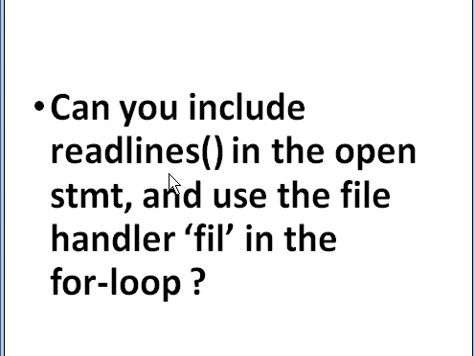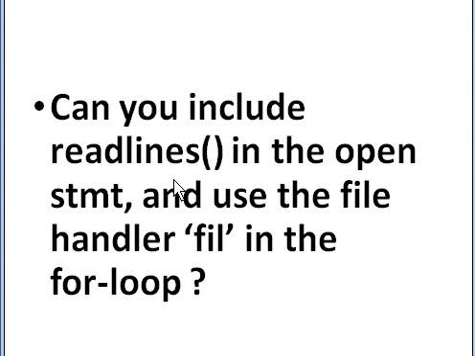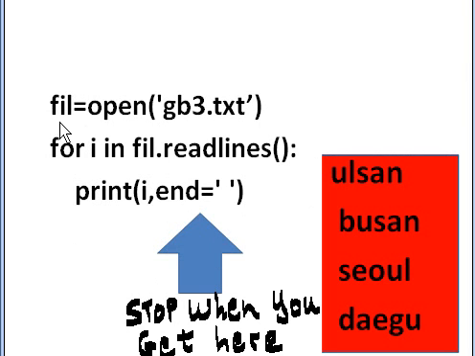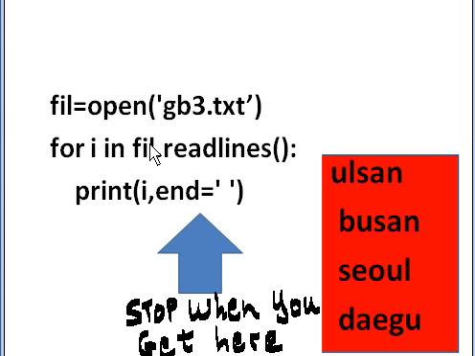Can you include readlines here in the open statement and use the file handler file? Use file in the for loop here and put readlines up here. Can you swap their positions? Let's see.